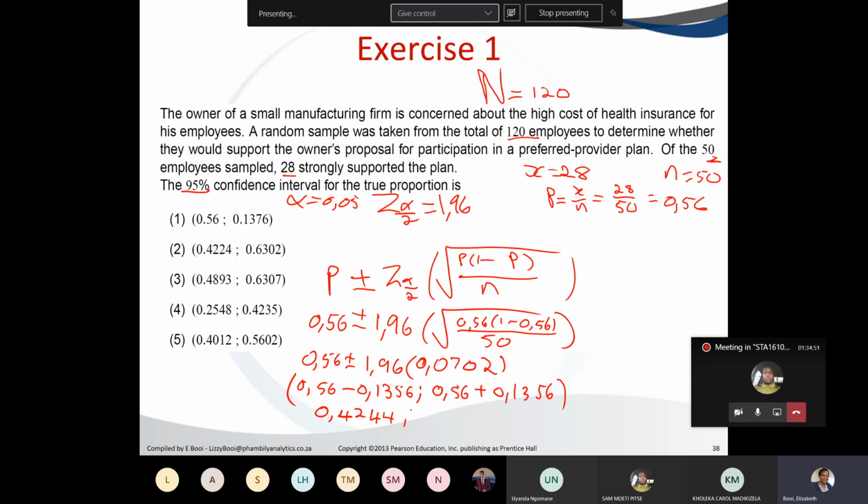And I do the same on the other side, 0.56 plus 0.1356 equals 0.6956. Did I do it right? I don't have the answer from here. It looks like that would have been the correct one, but I am not sure now.